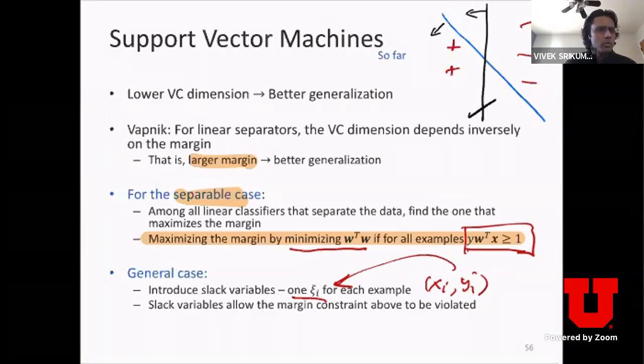So don't make it more than 1. Don't bother introducing that gap of 1 unit between the hyperplane and that example. Let it be 1 minus slack, 1 minus psi i. And this will allow you to essentially ignore those examples when we are computing the margin.